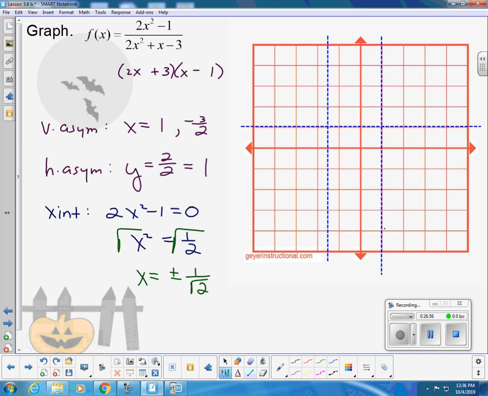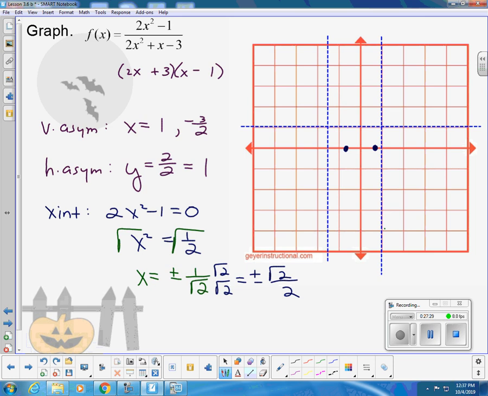We can't leave it like that. We're going to rationalize that denominator and multiply by the square root of 2 over the square root of 2. Okay. That is approximately 0.71. So we can sketch those x-intercepts. Okay. We good?